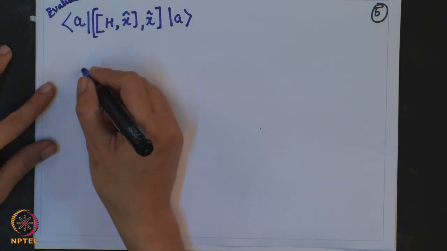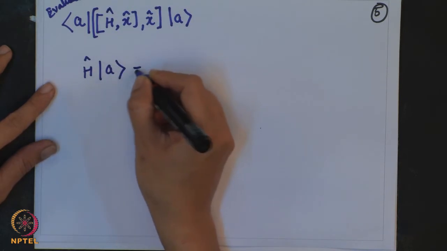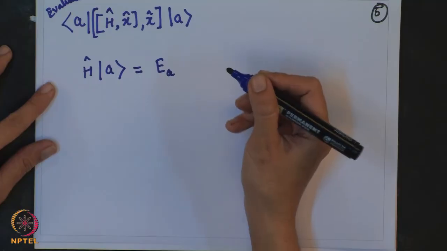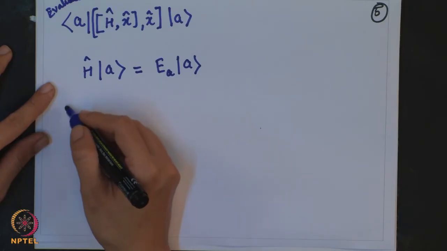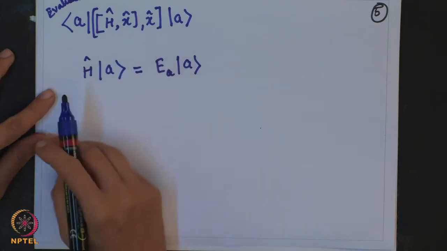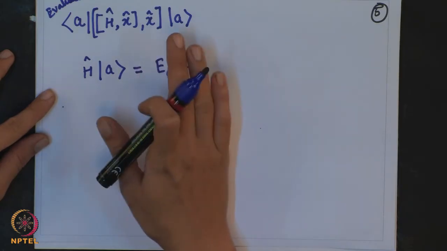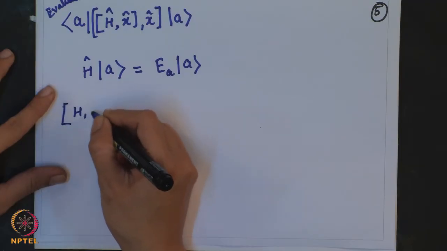We know here that when the Hamiltonian operator is operated on the eigenket, we get the energy eigenvalue E_a and the ket. This is one thing. Another thing is that when I write this commutator, I am writing in terms of the operators only without simplification. I am not using the commutator relation, because I want to operate these operators on the eigenket. So, let us take this.